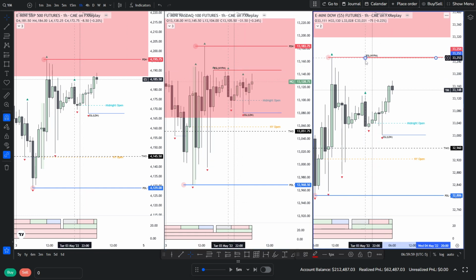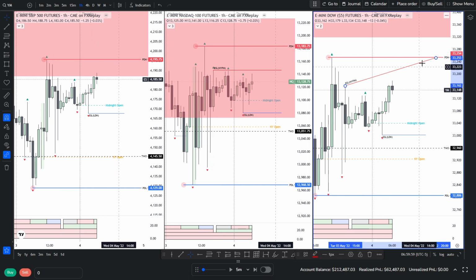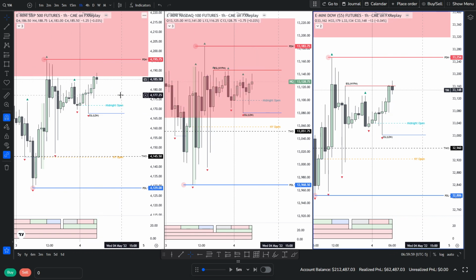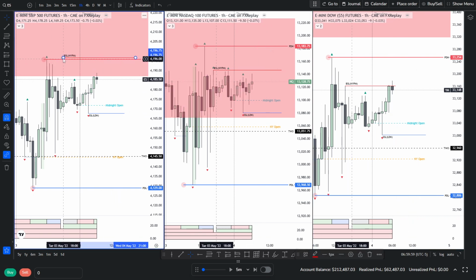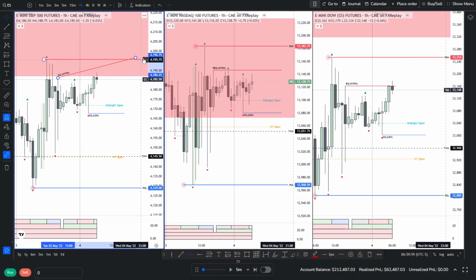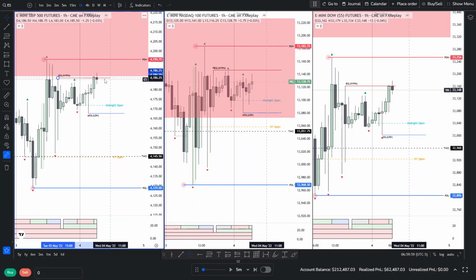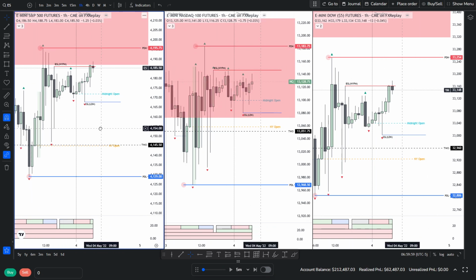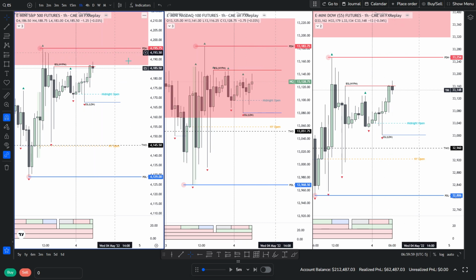Okay, so I want to put that one in. Now it has been purged, so we're just going to do that, which is fine. I want to do that as well because we want to take the most aligned highest like that, because I'm looking for symmetry. So already we can see what we're looking for potentially, which is a cracking correlation at this high here. So game plan 1 is going to be that.